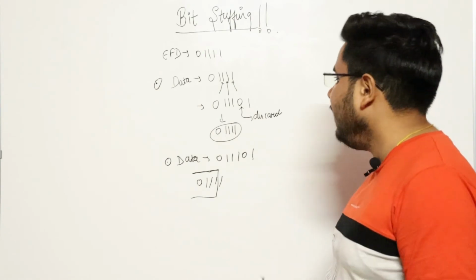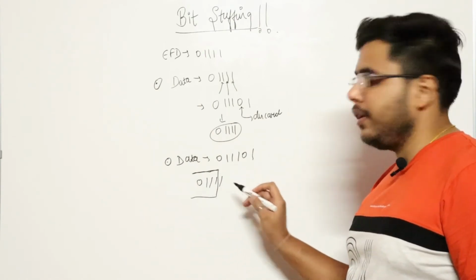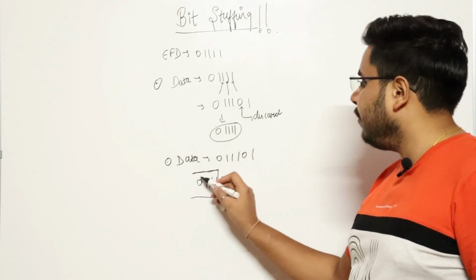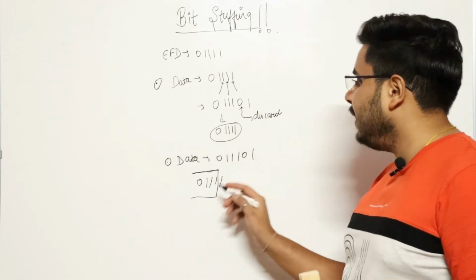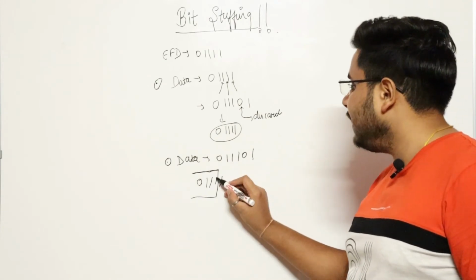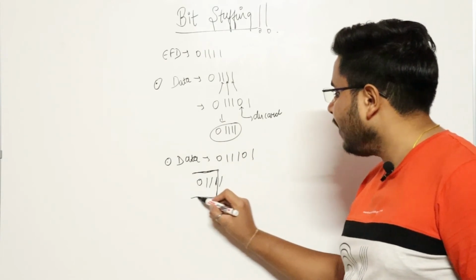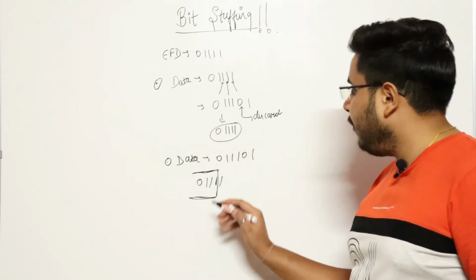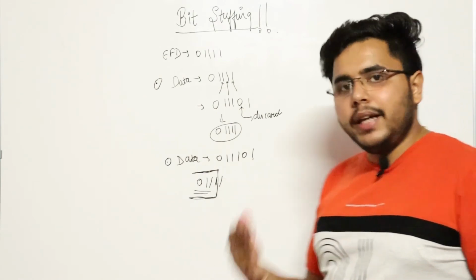We have 4 ones followed by a 0 in the EFD, so take this EFD till the second last bit. In our data, whenever you encounter this part, that is 0 1 1 1, then add a 0.